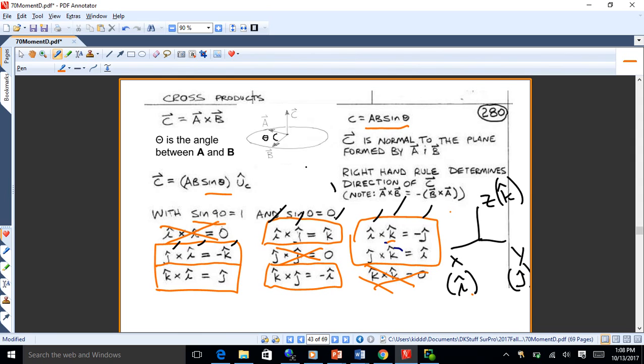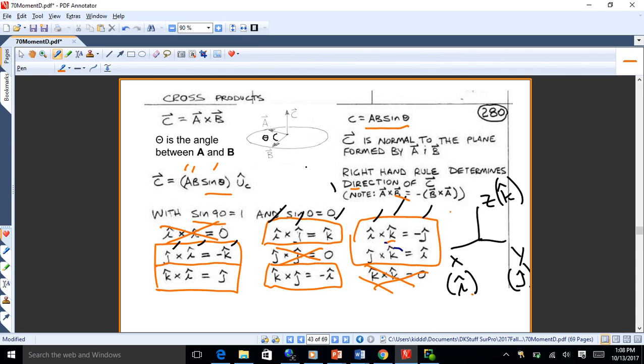A and B are the two unit vectors that you're crossing together, and everything here has a magnitude of 1. So when you cross unlike unit vectors, you get a third unit vector that is normal to the plane made up by the other two, pointing in the direction determined by the right-hand rule.